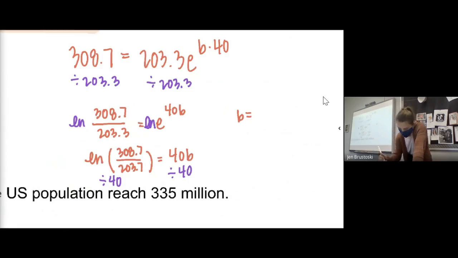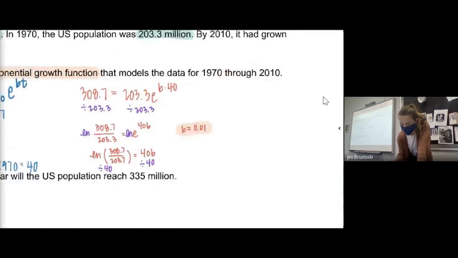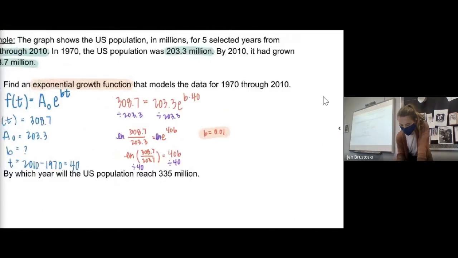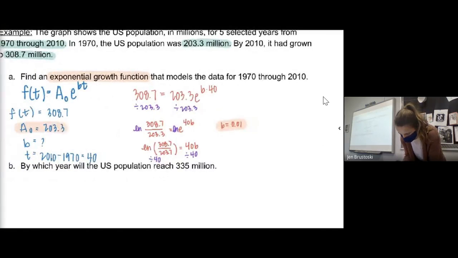Chase? I got 0.01. Good. So we get 0.014 something, something, something. We'll just write it as 0.01. Okay, but we are looking for the function. So I need to write out my function using a naught and b.